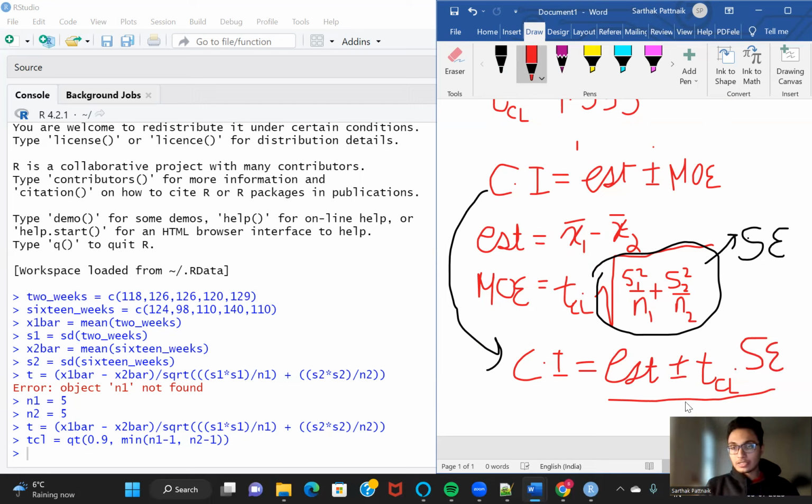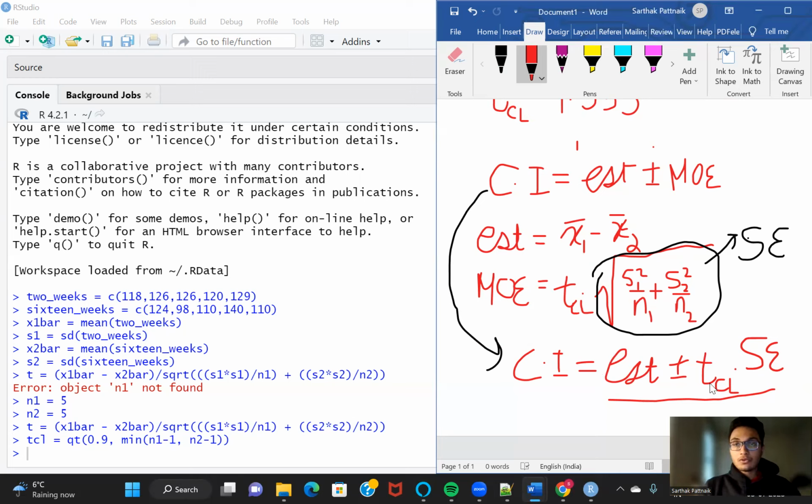So we'll stick with this way of representing the confidence interval, as this will be extremely handy when we discuss some concepts in the future. You will come to know very soon why, but for now, it's good if you remember both of these ways of representing. Actually, there is not much difference because margin of error is nothing but your critical value into standard error. But if you remember this, then it will be a lot easier for you to follow the upcoming sessions.